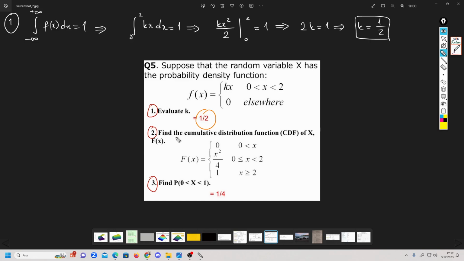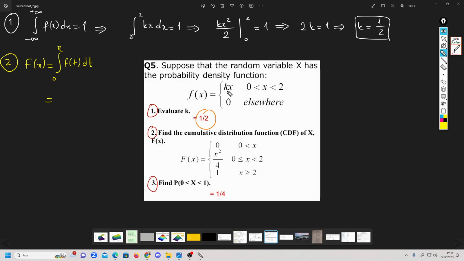find the cumulative distribution function. Okay, let me do it here. Cumulative distribution function is the integral again. Capital F of x is equal to integral from 0 to x of f of t dt.